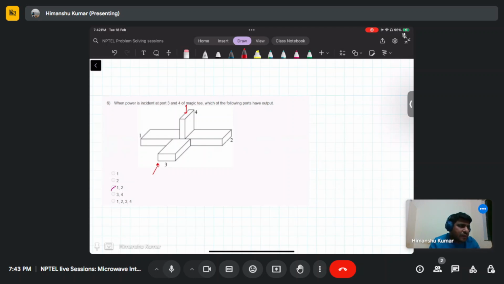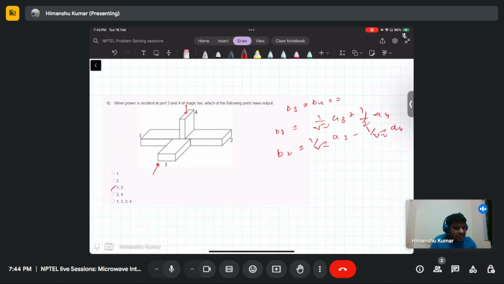If b3 and b4 equal 0, then b1 is equal to 1 by root 2 times a3 plus 1 by root 2 times a4. Similarly, b2 is 1 by root 2 times a3 minus 1 by root 2 times a4.